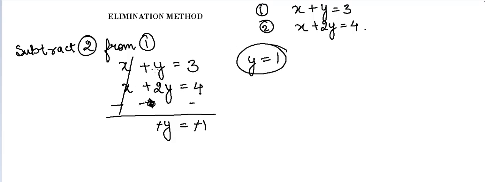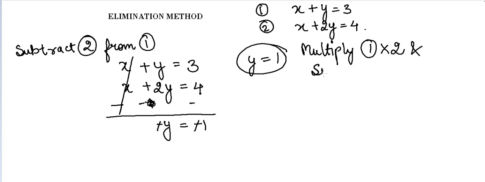And if you have to calculate the value of x, you have to eliminate y. For eliminating y, I will multiply the first equation by 2, and then the second step would be to subtract the second from the first. First I'll multiply it by 2.